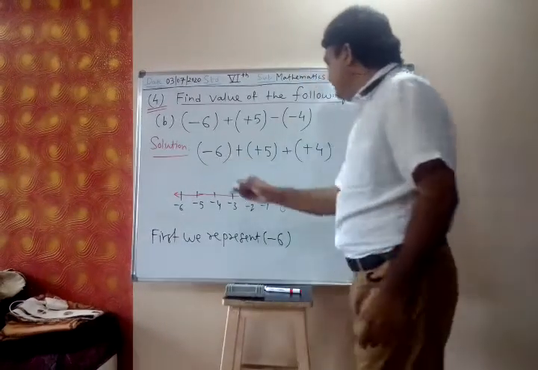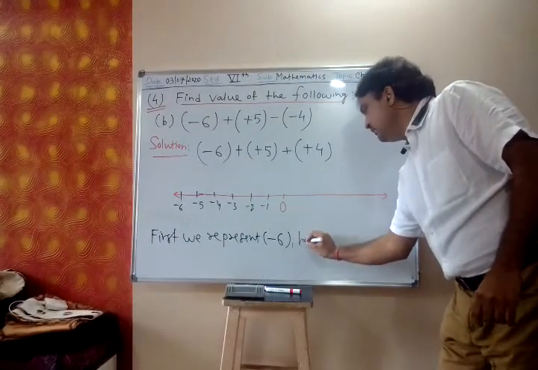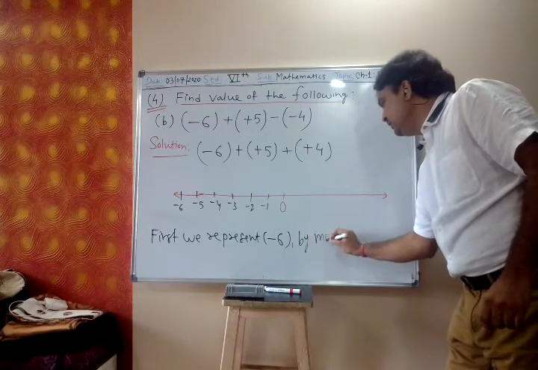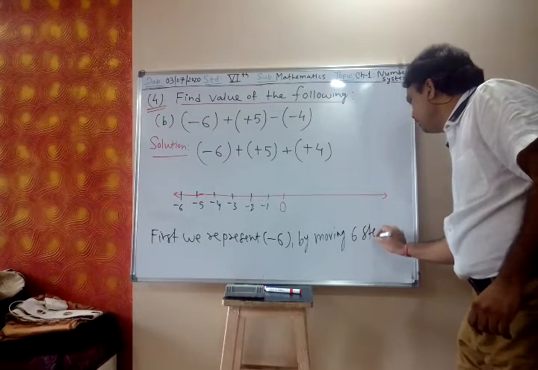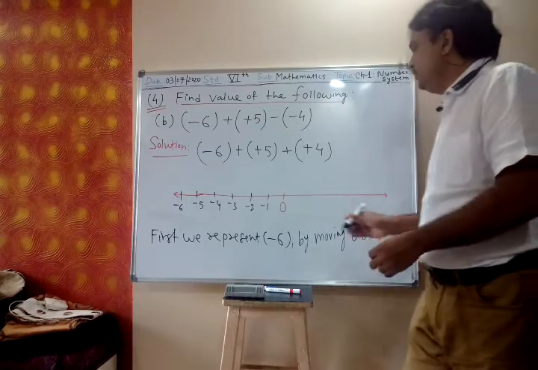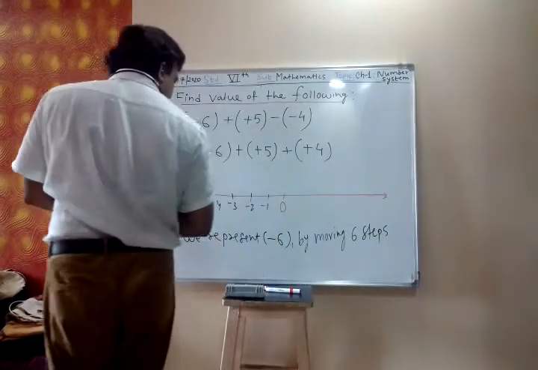First we represent -6 by moving 6 steps to the left of 0 directly.